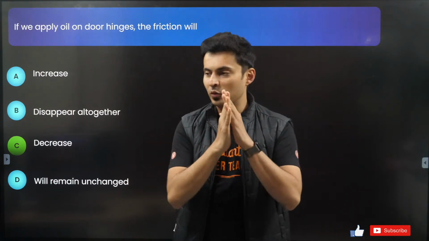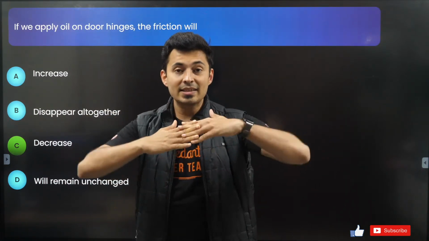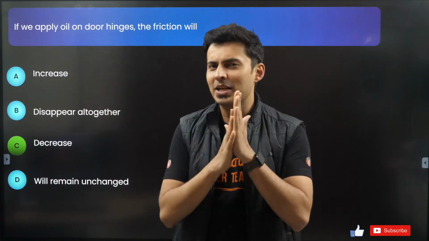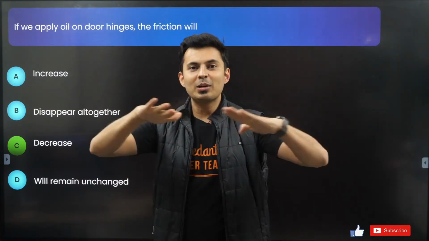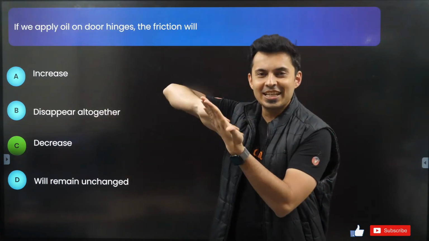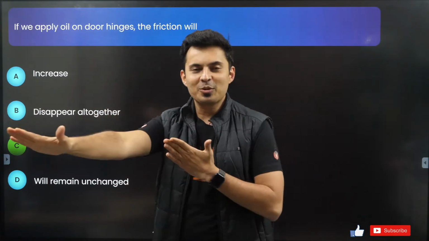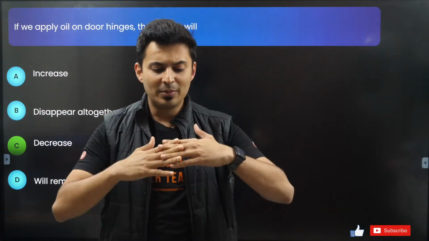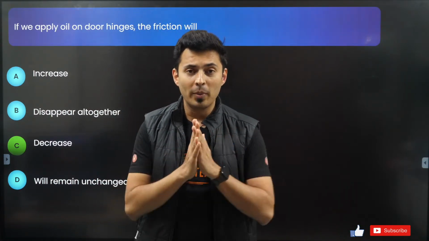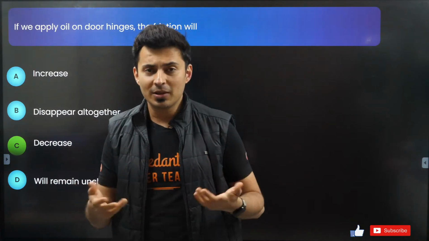When things have to move, they have to bend, there is rubbing. So whenever there is rubbing, there is friction. You put oil, that uneven surfaces become smooth. Easily they can slide over each other, and that's why you will see they will not make noise. They become smooth. It's very easy to open or close, and they will not even rust.